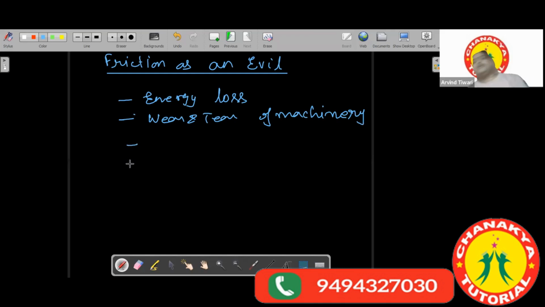So wear and tear of machinery, energy loss, and shoe soles and tires getting worn out because of friction.